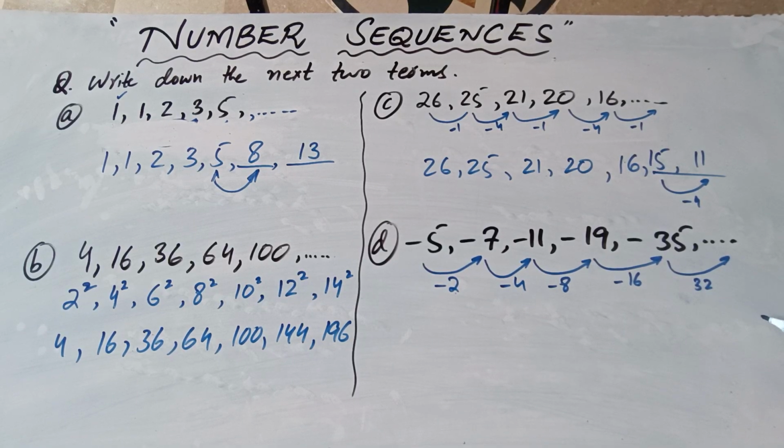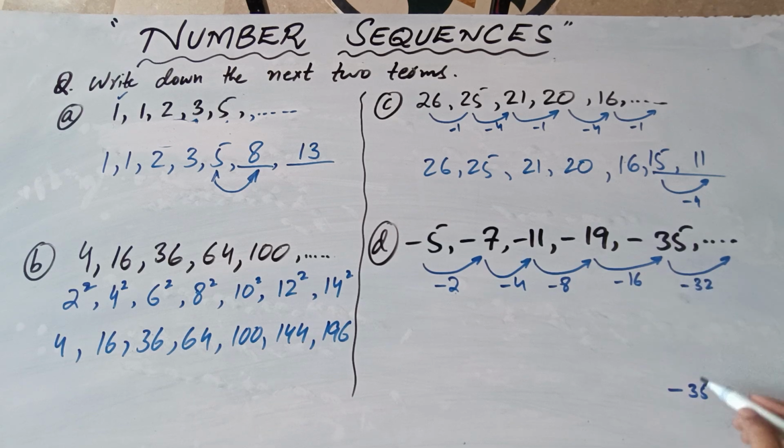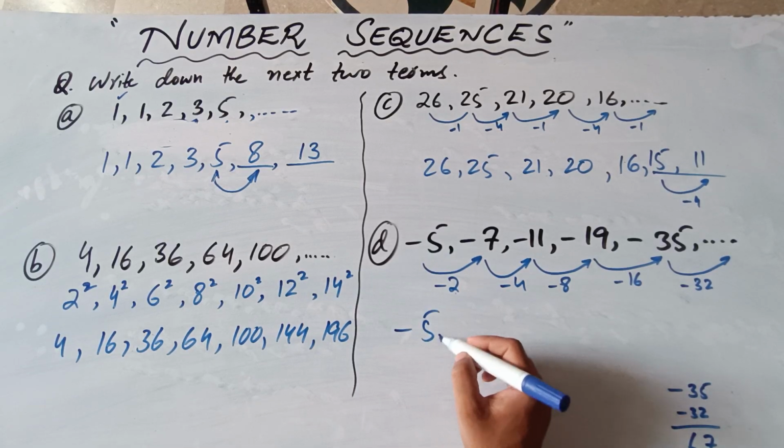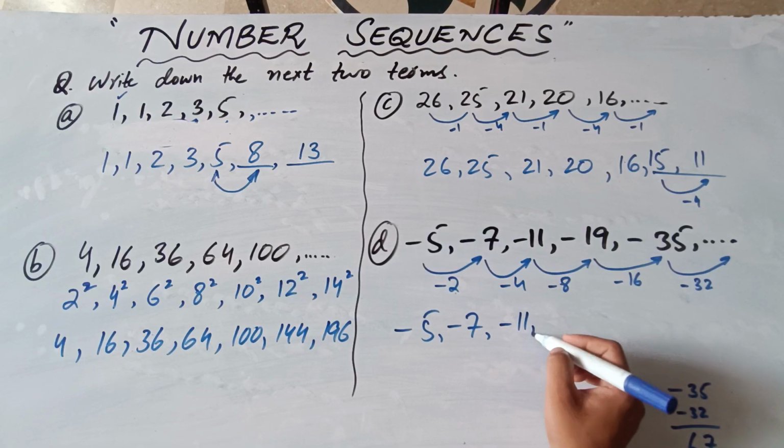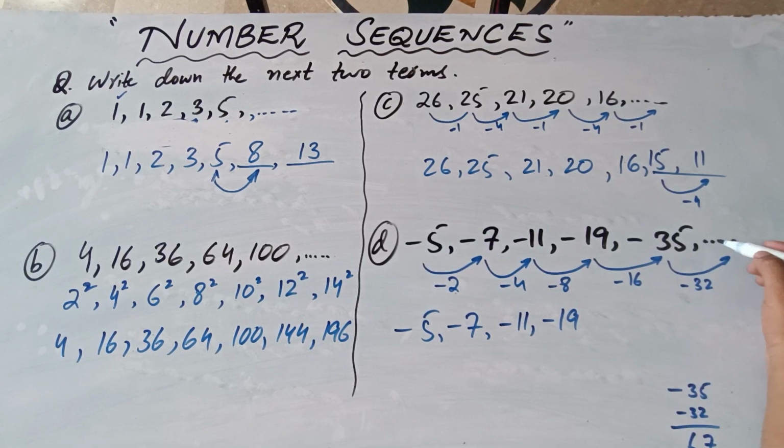So it means that if we subtract 32 from minus 35, we get minus 67. So the next term would be negative 67, and then double of 32 would be 64.